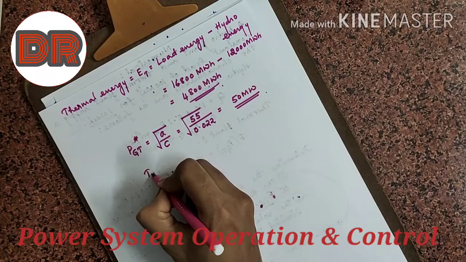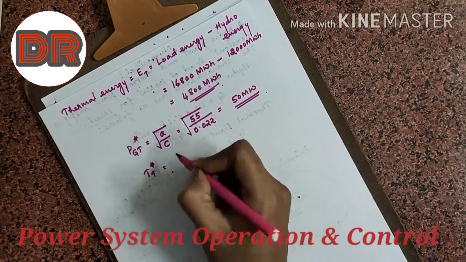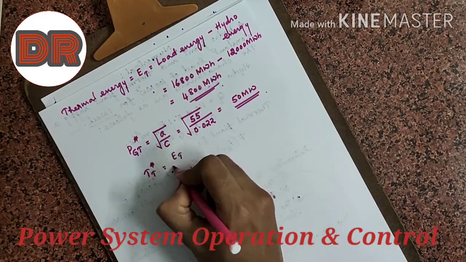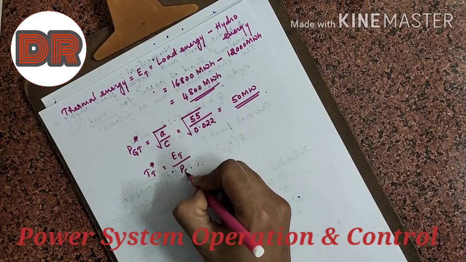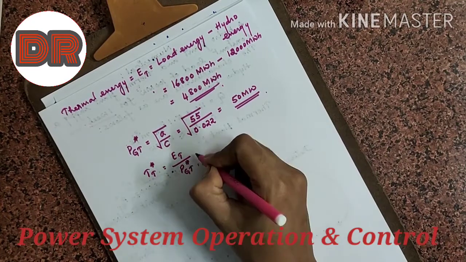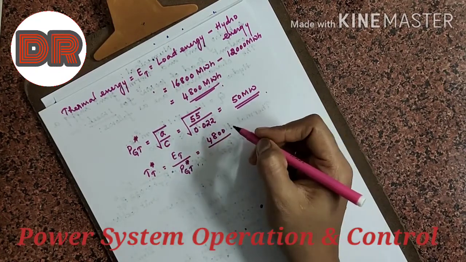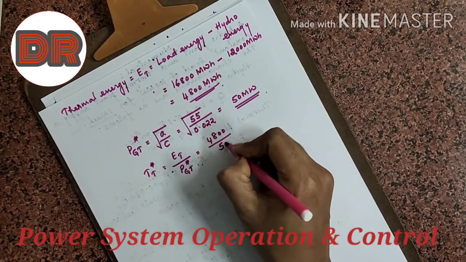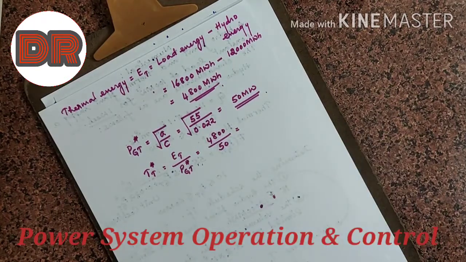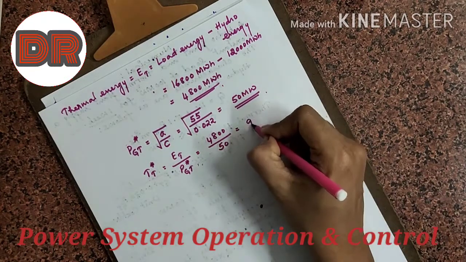Let us calculate the time for which the thermal power plant is on. It is the thermal energy divided by PGT star. The energy is 4,800 megawatt hour divided by 50, which gives around 96 hours.